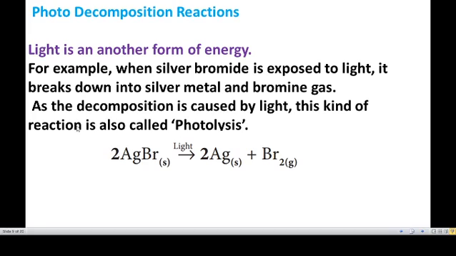This kind of reaction is also called a photolysis reaction. What is a photolysis reaction? This is an important question. Light is another form of energy, and this decomposition is caused by light, so it is called a photolysis reaction.